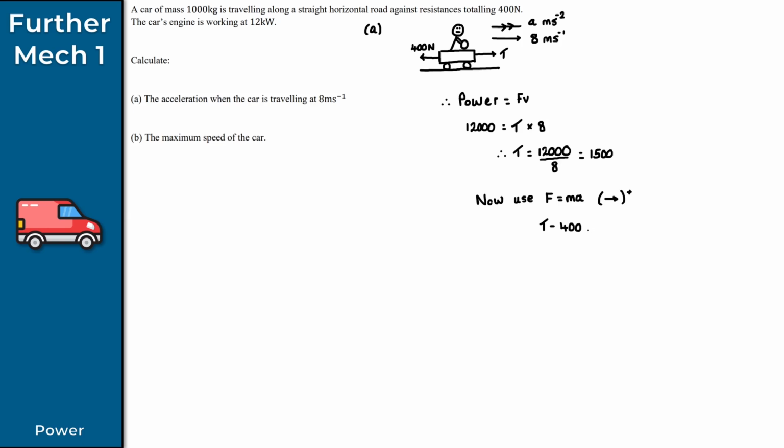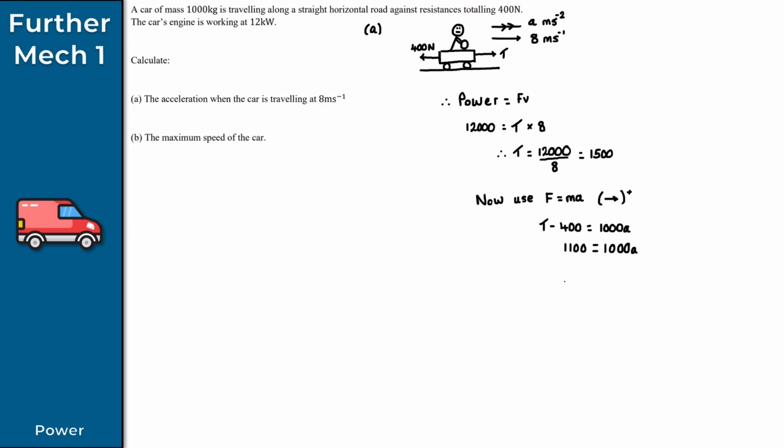So T minus 400 is equal to the mass times the acceleration. So the mass here is 1,000. We get 1,000 here times by A. Now we know then that T here is 1,500. So I've got 1,500 minus 400. That gives me 1,100 is equal to 1,000A.